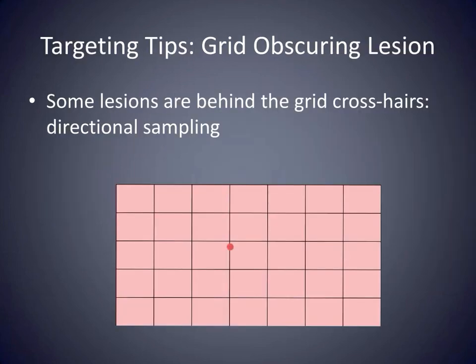As we have seen in this phantom case, sometimes the target lesions are directly behind a grid line or a cross-section of grid lines, which can make biopsy a little more challenging.